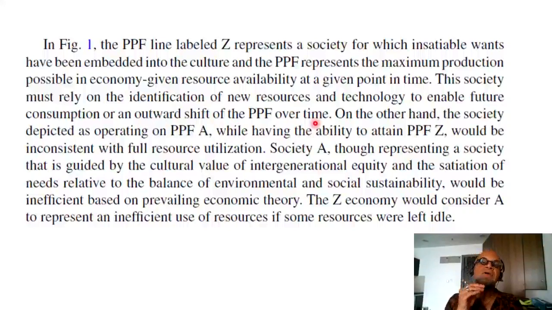So in other words, if you're maximizing your use of resources and consumption, then you're going to run out of resources at some point. On the other hand, the society depicted as operating on PPF A, while having the ability to attain PPF Z, would be inconsistent with full resource utilization.